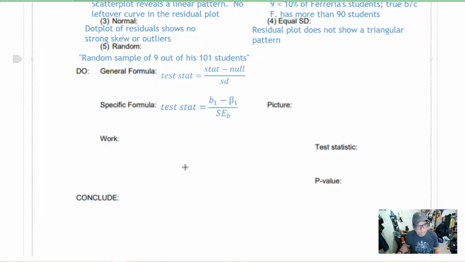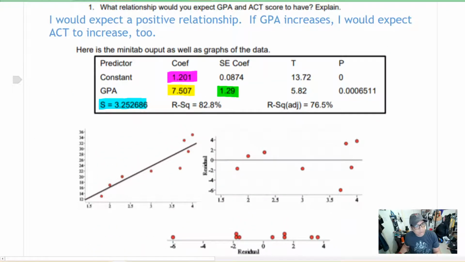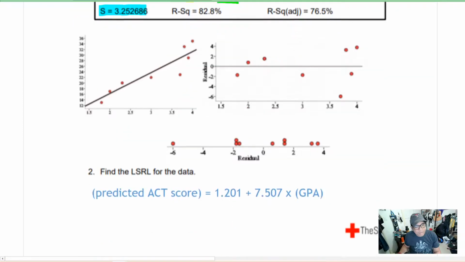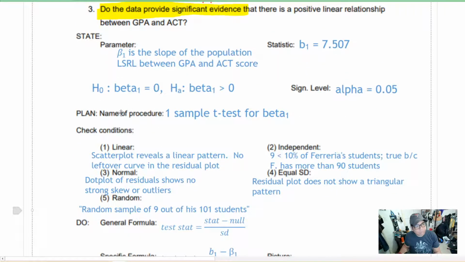So let's take a look back at our chart and let's try to find all of those quantities again. Over here in yellow, that's B1. In green over here, we have SEB. And if we look at our hypotheses, we're going to get beta 1. Beta 1 is equal to 0.